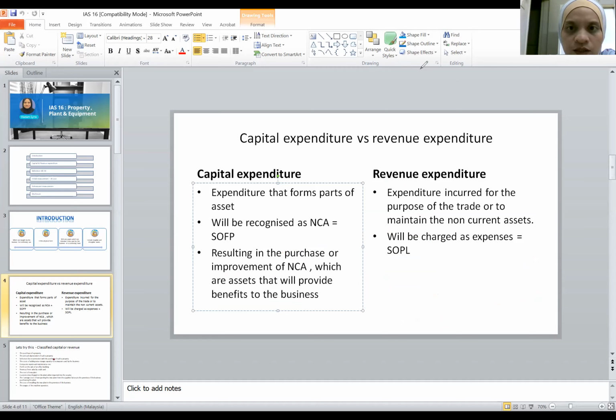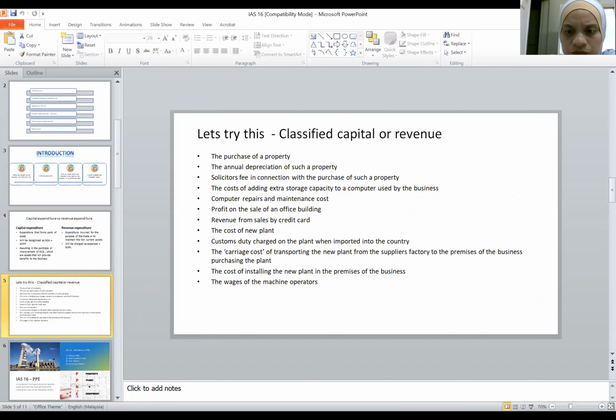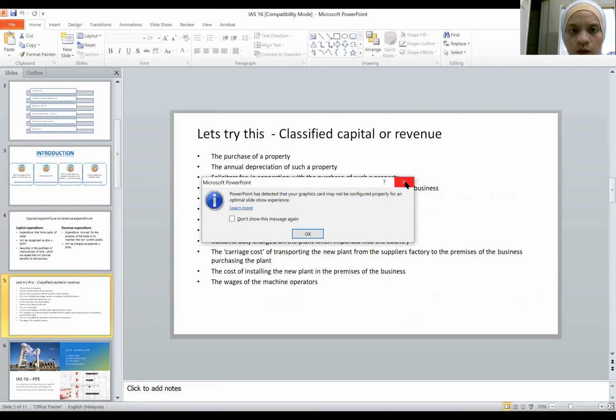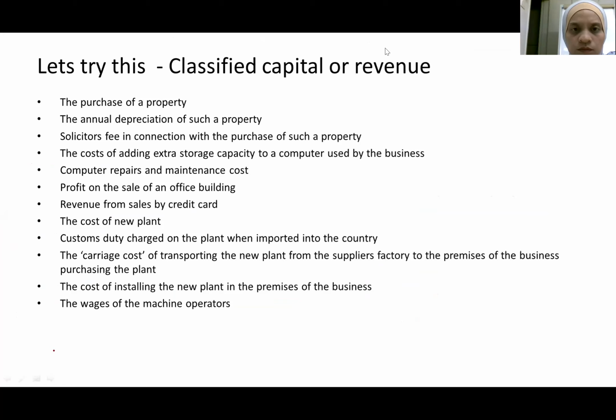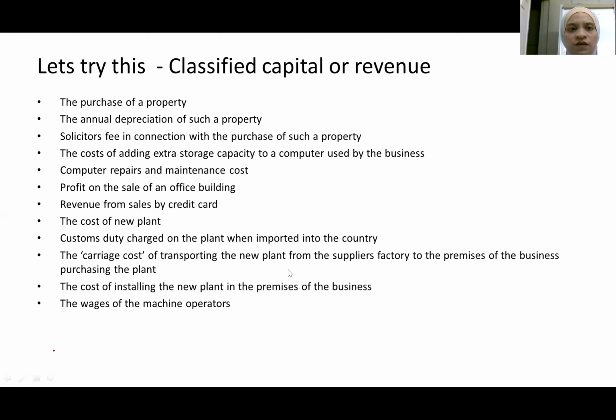Alright, so let's try this one. Sorry. So classify those yang madam list ni is whether capital or revenue expenditure.